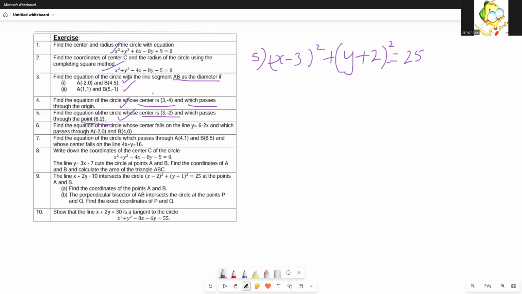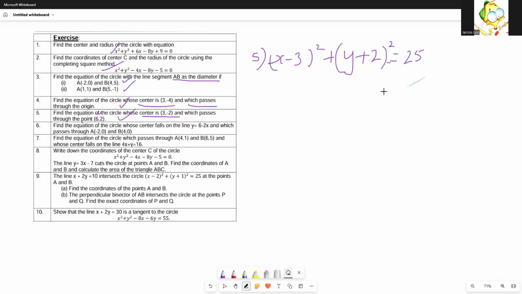There are many ways to do question number 6, in fact. As I emphasized just now, I would like you to try to avoid trying to substitute values to find two equations, because I realize that some of you might feel uncomfortable.